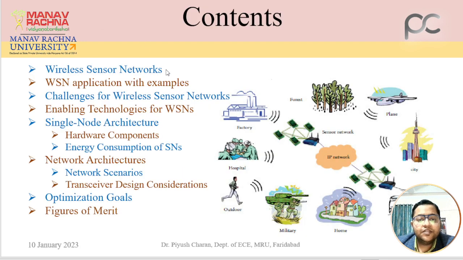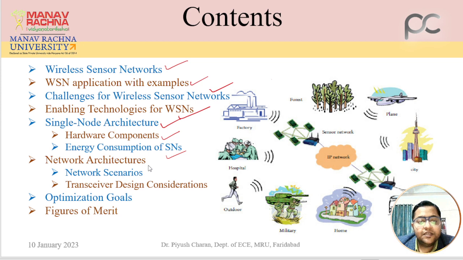So, we have wireless sensor networks introduction, and we have in the contents the WSN applications. So WSN applications, challenges for wireless sensor networks, the enabling technologies for wireless sensor networks. We'll see the single node architecture, the hardware requirements, and how the energy consumption in sensor nodes takes place.